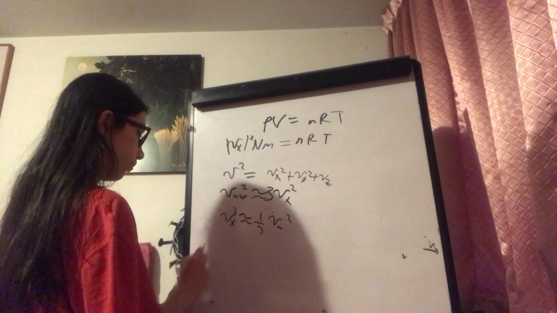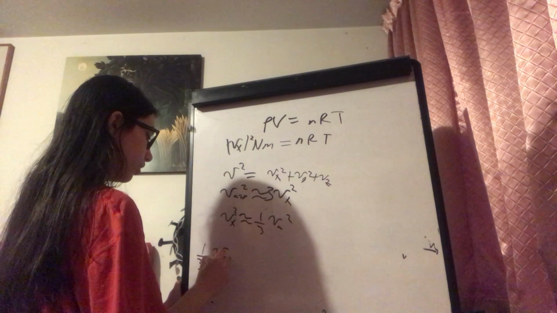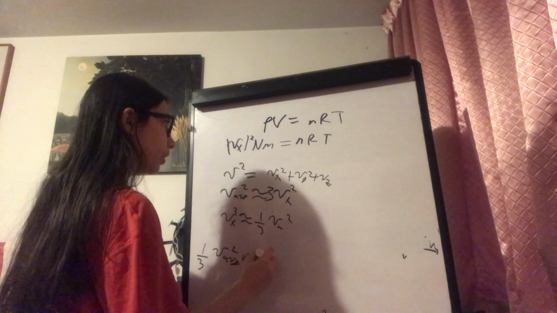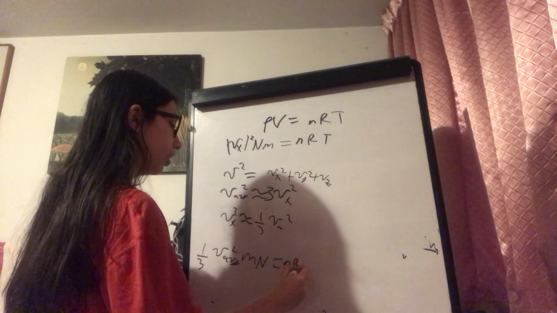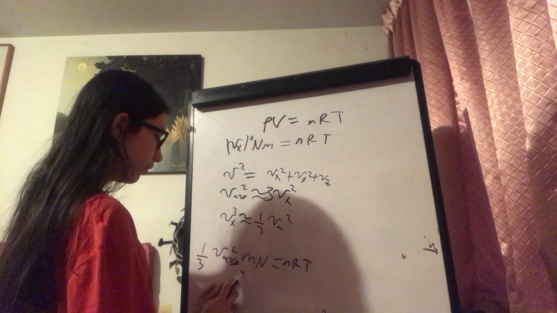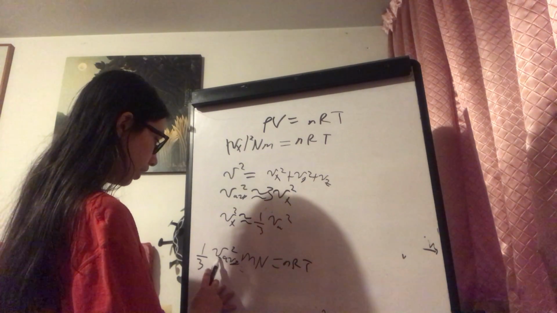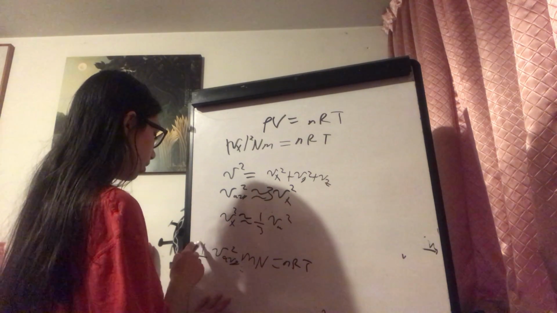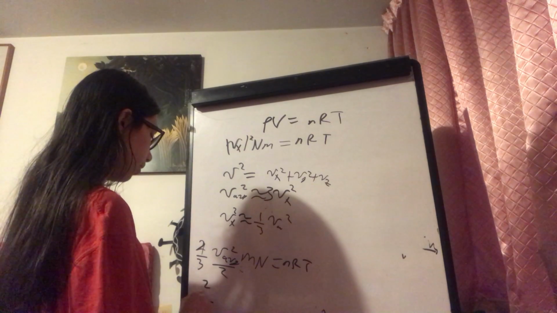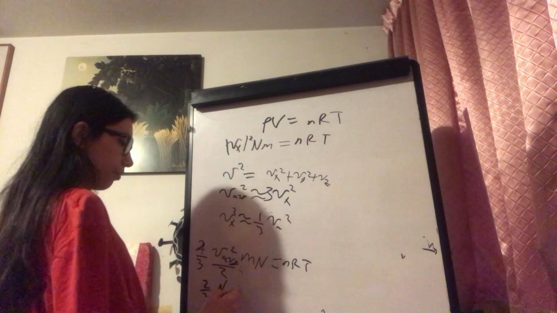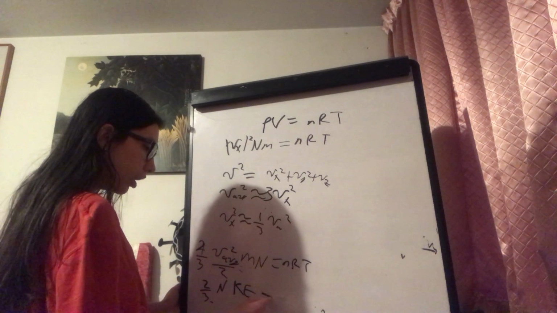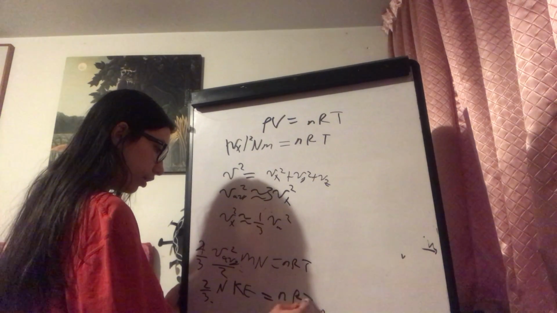So we have 1/3 of the average square velocity times the mass times the number of particles is equal to nRT. So if here we had 1/2 of the mass times the velocity squared, we would have kinetic energy. So we can multiply everything by 2 and divide everything by 2. So we have 2/3 of the number of molecules times the kinetic energy is equal to nRT.